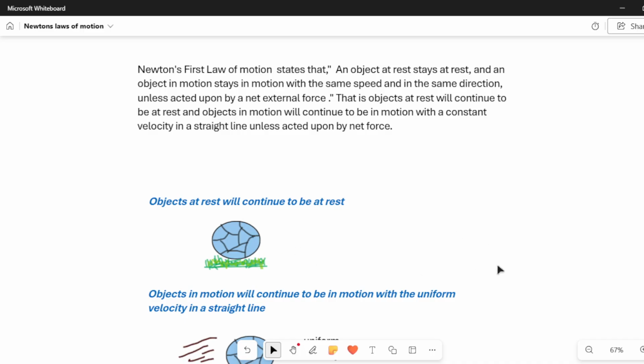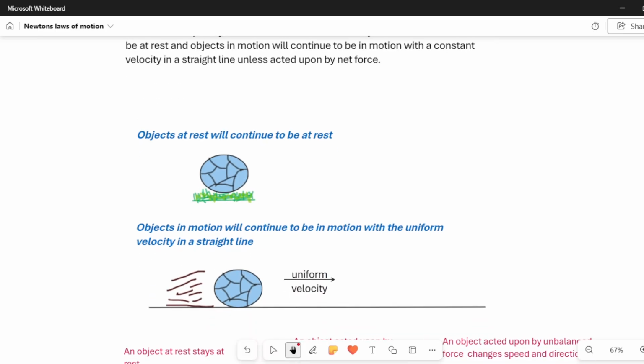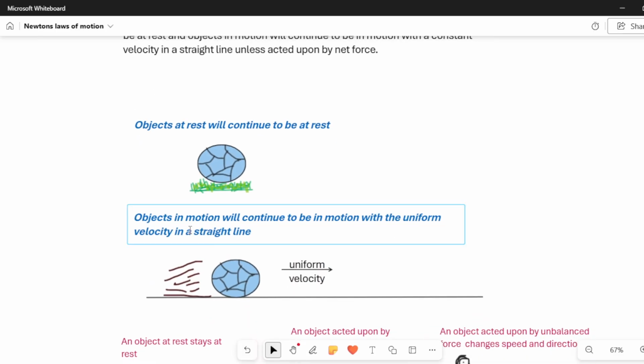Now, similarly, the next situation: if we kick the ball and the ball is in motion, Newton's first law of motion says the ball will continue to be in motion with uniform velocity, that is the same speed and in the same direction, in a straight line, unless and until it is acted upon by a net external force.